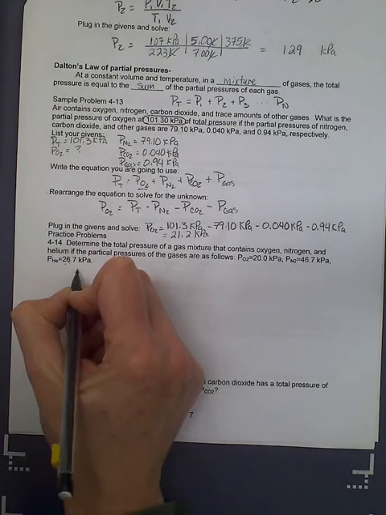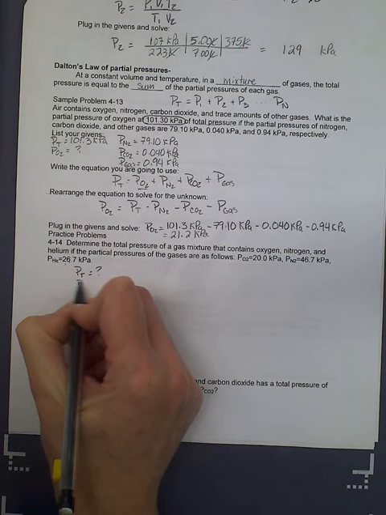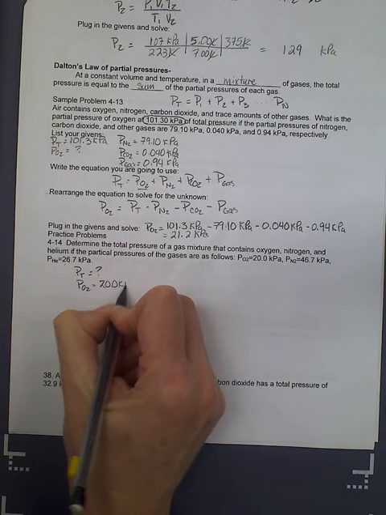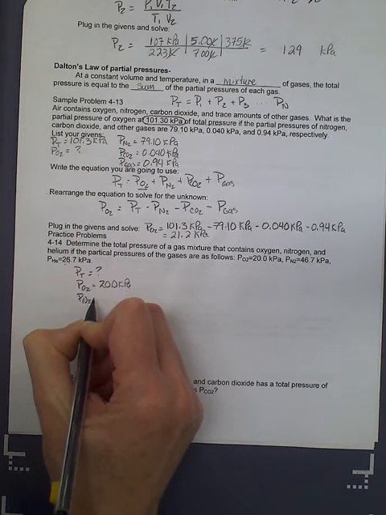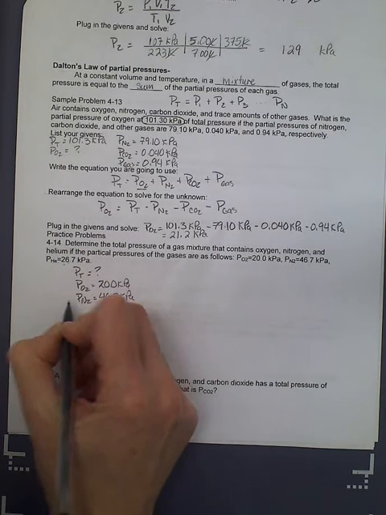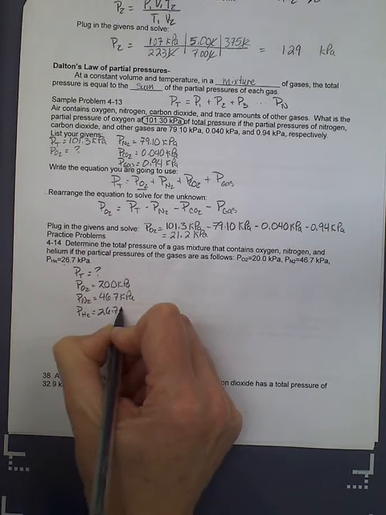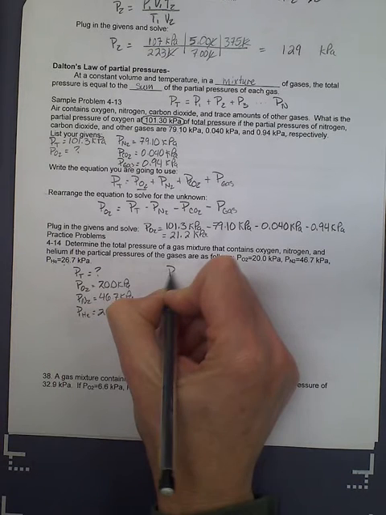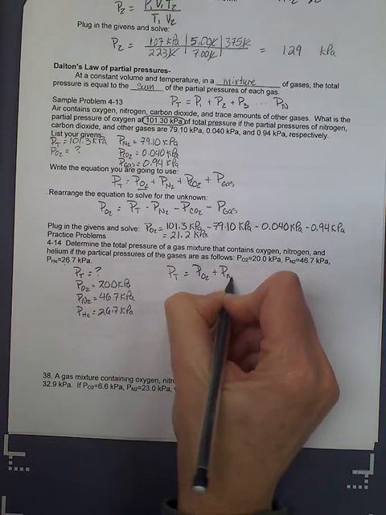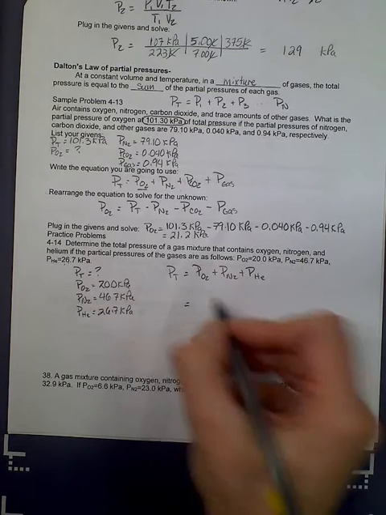So our total pressure is this time what we're looking for, and we have our PO2, 20 kilopascals, our PN2 is 46.7 kilopascals, and our PHe, helium, is 26.7 kilopascals. And of course our formula, PT is equal to PO2 plus PN2 plus PHe, and we're just going to add them all up.